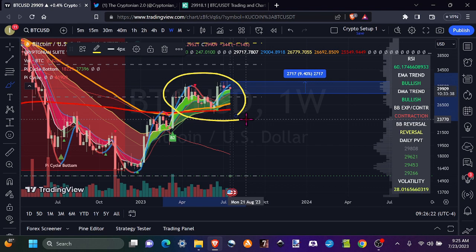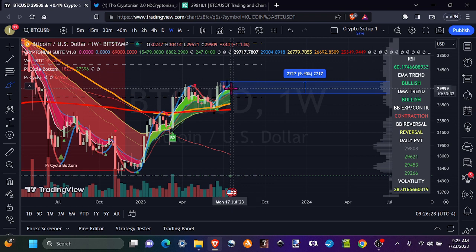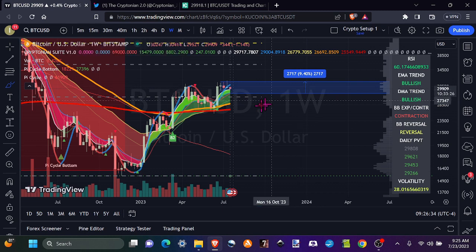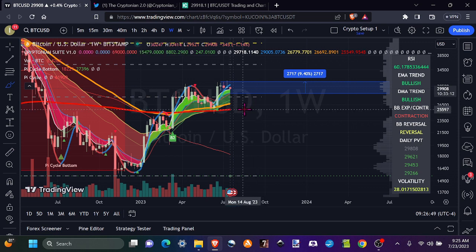So taking a look at where we're at now, we could have a small pullback or consolidation before pushing higher. But statistically speaking, we have a 66% chance of staying above the 50 moving average, which is 26,900, probably around 27,000, right?